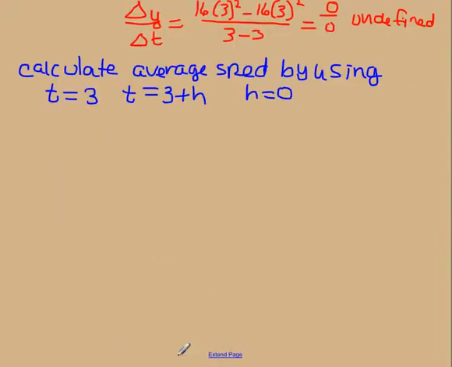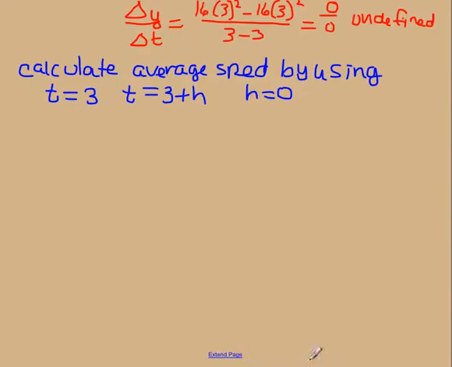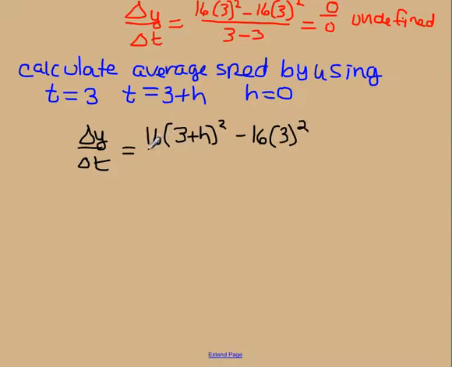Okay, so to go ahead and do that, I'm going to calculate what the instantaneous speed exactly is going to be. So I'm going to go back to my delta y over delta t. And in this case, I'm going to take 16 times (3 plus h) squared minus 16 times 3 squared, all over 3 plus h minus 3.